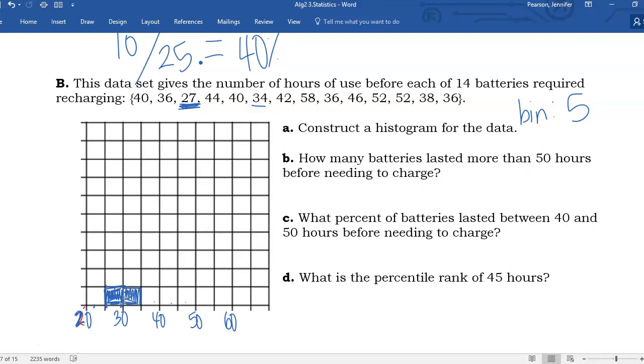Between 35 and 40. 1, 2, 3, 4. We got a 4 tall bar. Between 40 and 45. 1, 2, 3, 4.